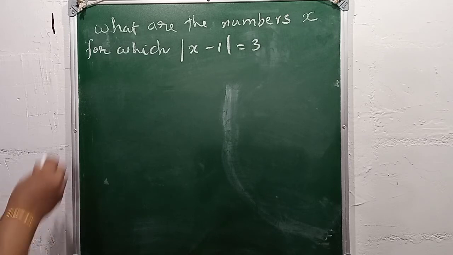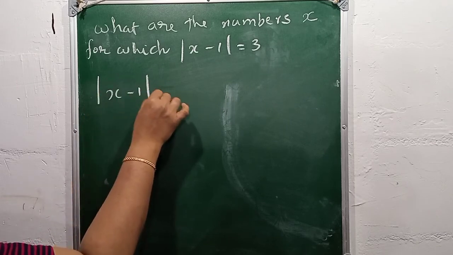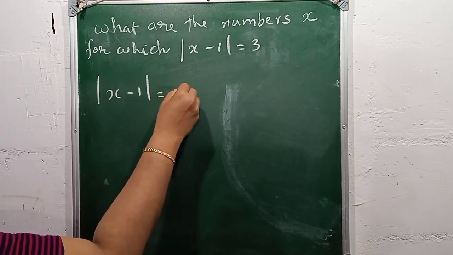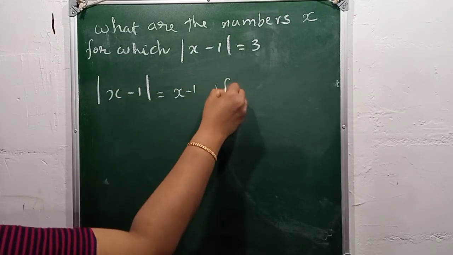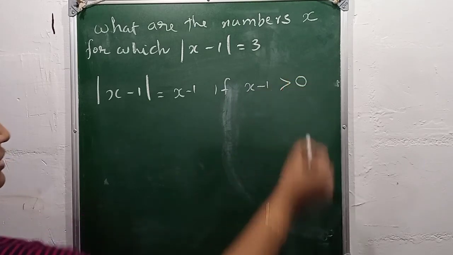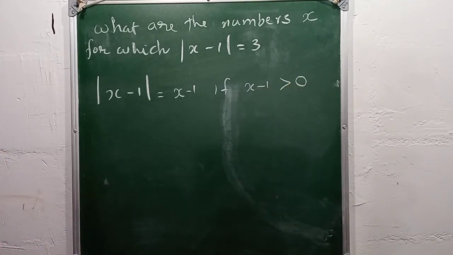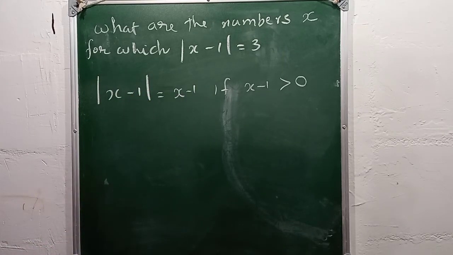Yes, we know that modulus of x minus 1 is x minus 1 if x minus 1 is greater than 0. That is, x minus 1 is positive. Then modulus of x minus 1 is x minus 1 itself.